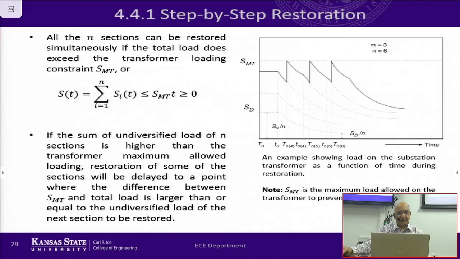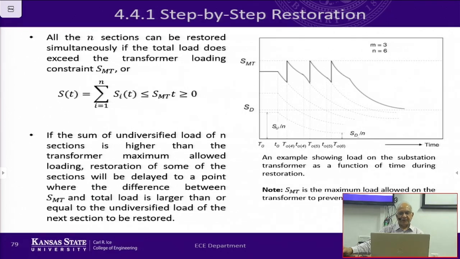So what we do is, we pick a combination of the sections that can be restored in the first step, and we add their load and check that it should be less than or equal to SMT, which is the maximum allowed load. So the sum of the sections that are restored in the beginning should be less than SMT.